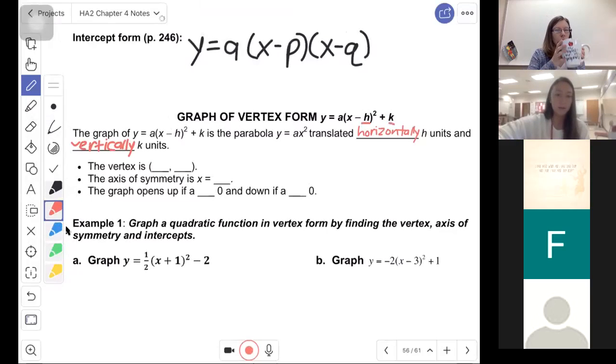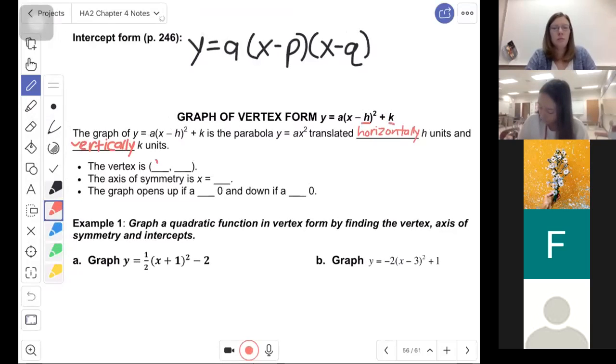Ella, what is our vertex from this form? What number, what letters there would be our vertex? HK. Yeah. Good. So we know from standard form that our axis of symmetry was the x value of our vertex.